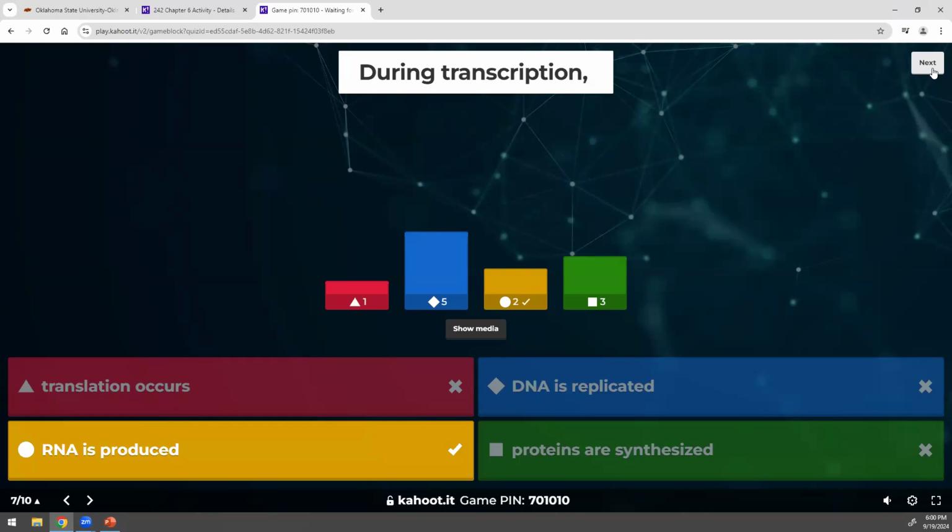I'm going to put that. I just think it's a non-wordy way of putting this up here. We'll say mRNA codon binds complementary tRNA anticodon.